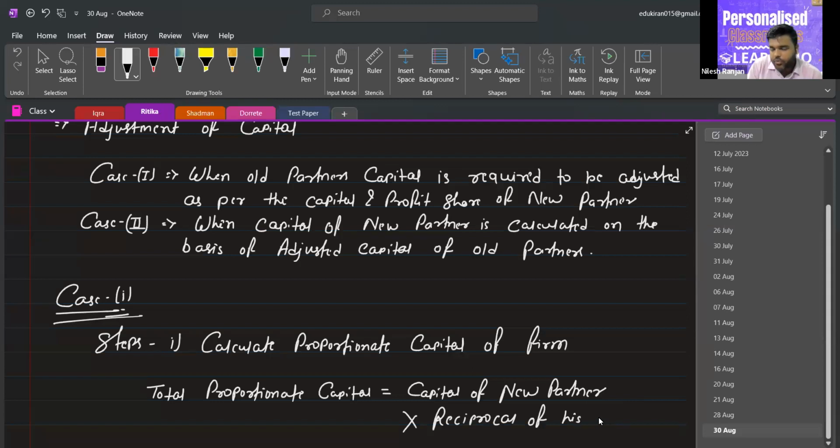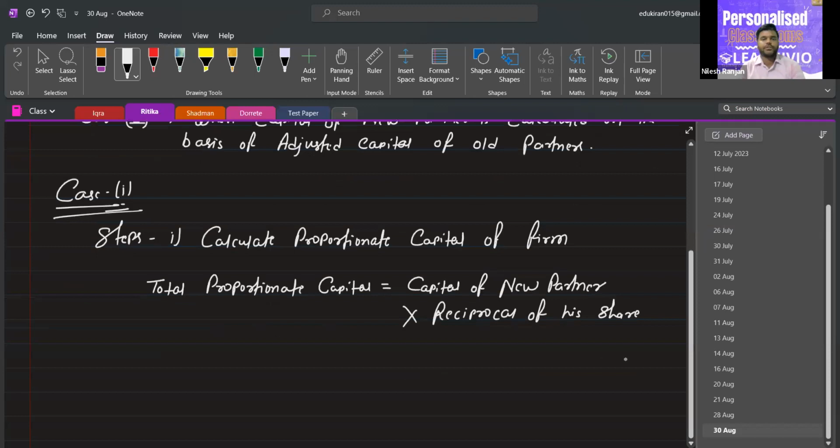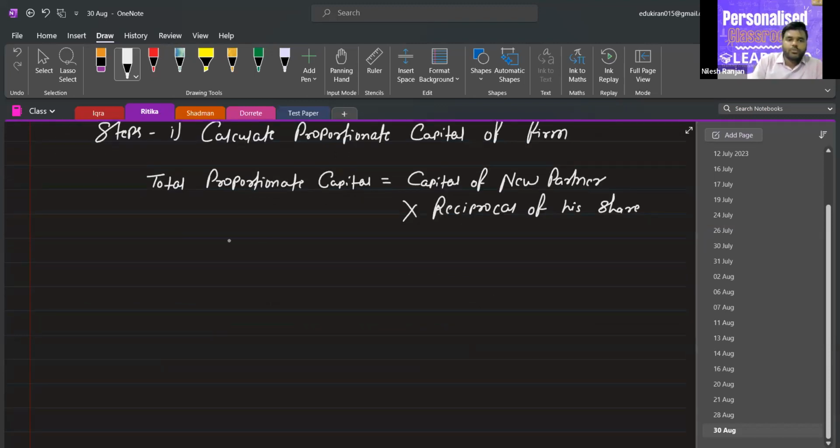You understand the reciprocal? Yes, sir. So this is how we will calculate the total proportionate capital of the firm.